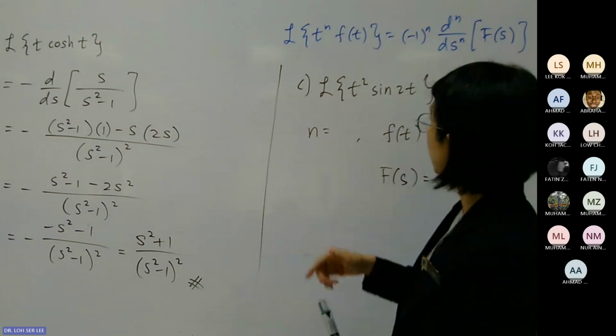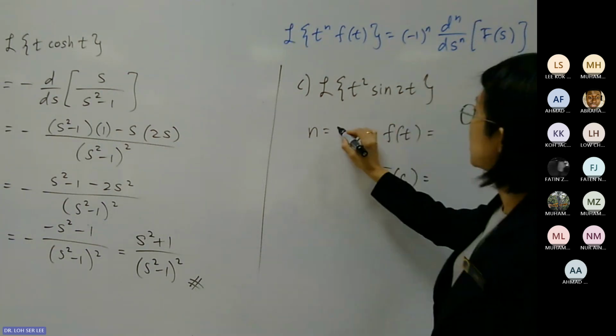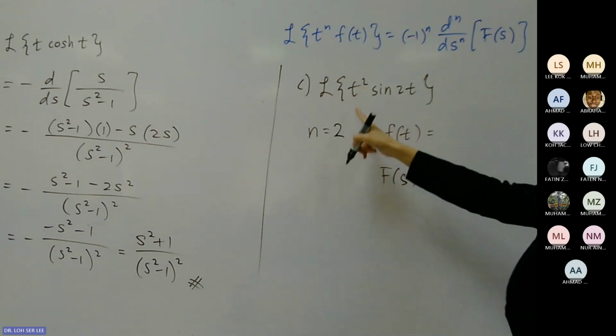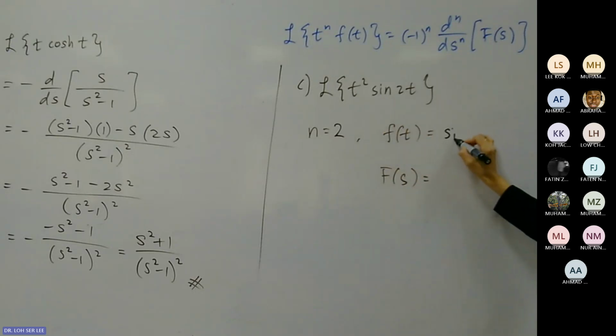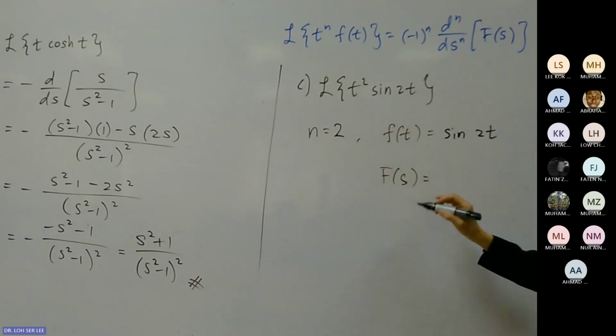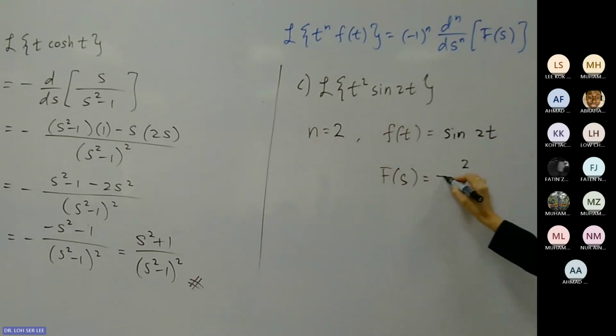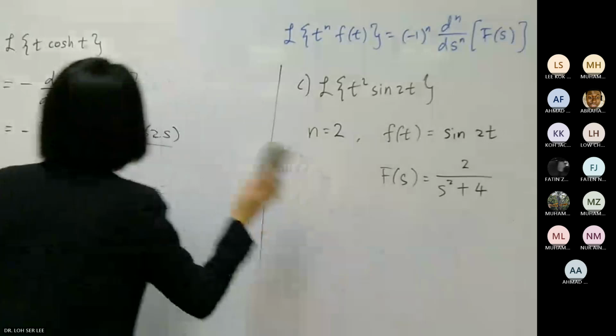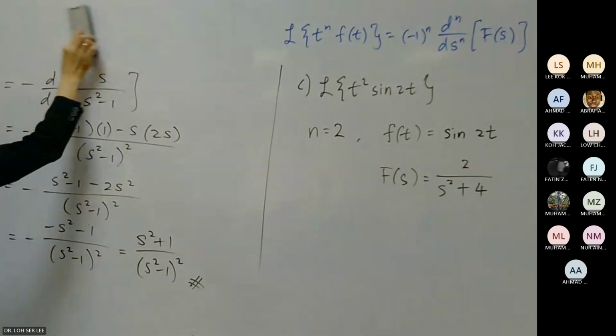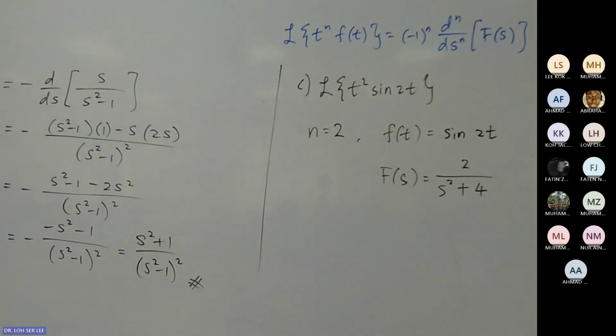Okay, your n is 2. Ft is sine 2t. So f(s) is 2 over s squared plus 4. Done? Have you done this?